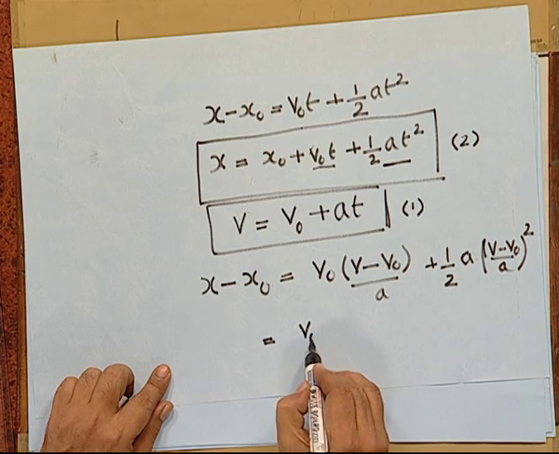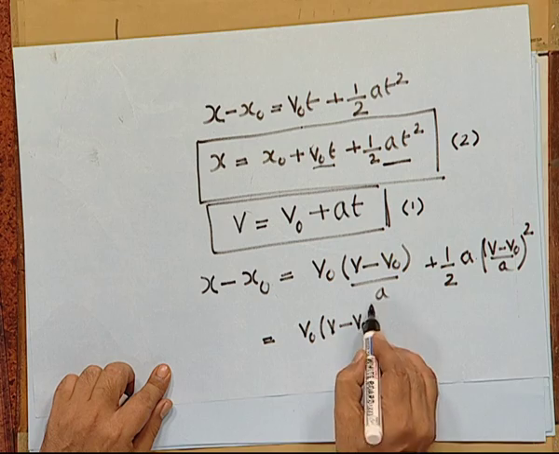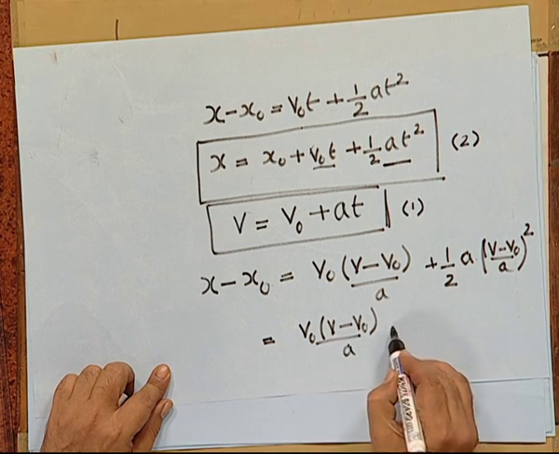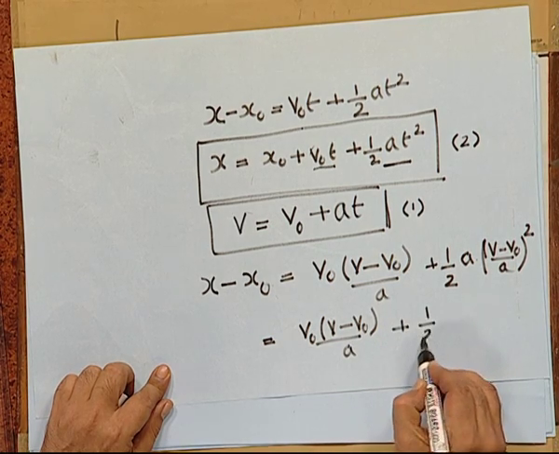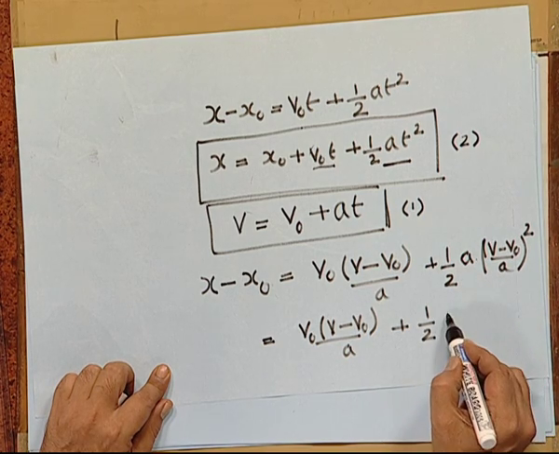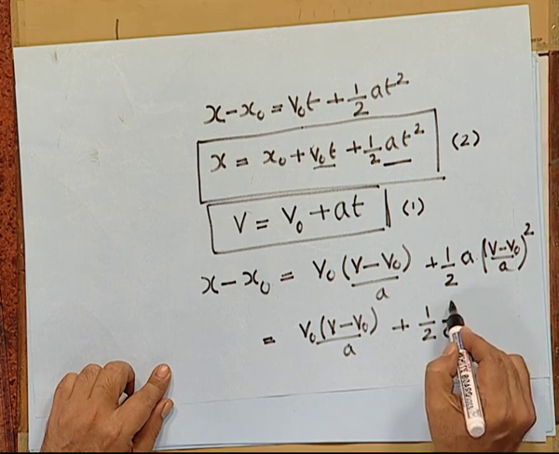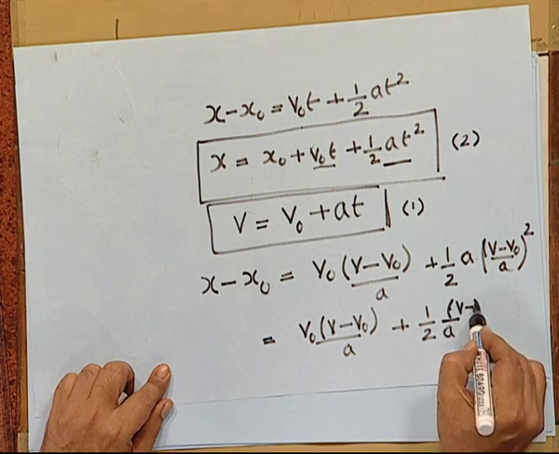So, x minus x naught equal to v 0 into v minus v 0 by a plus half a, and a squared in the denominator becomes a in the denominator, and you have v minus v 0 whole squared.